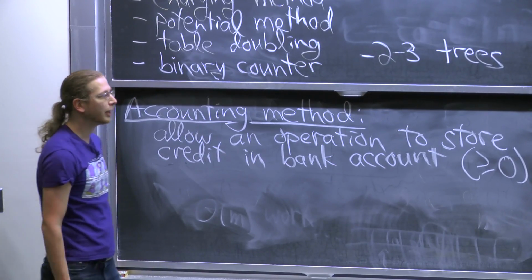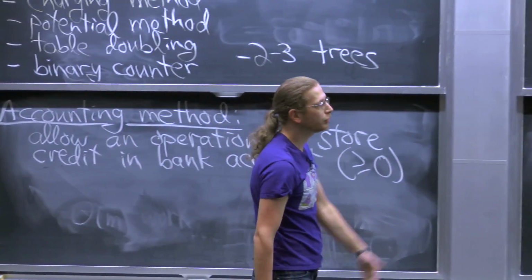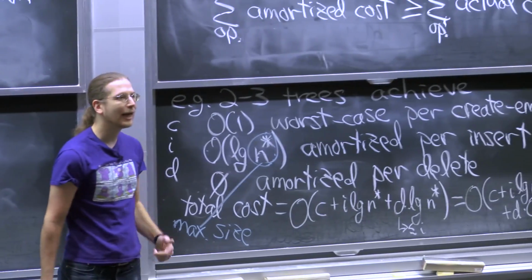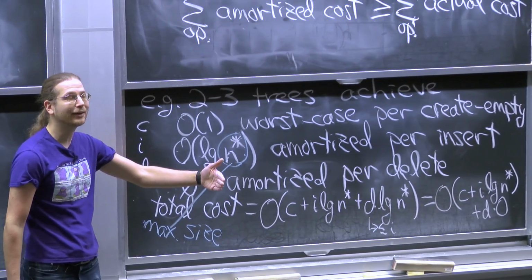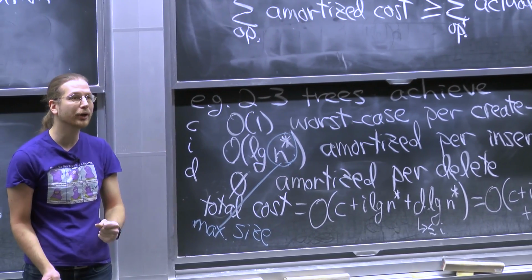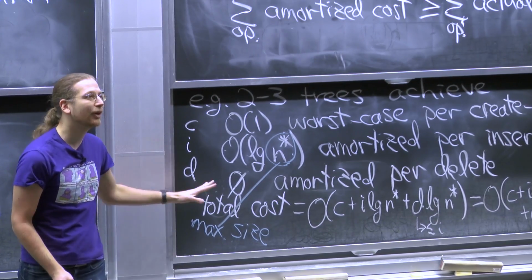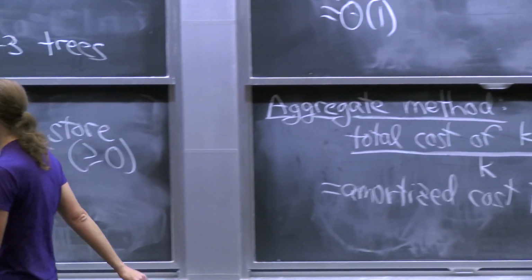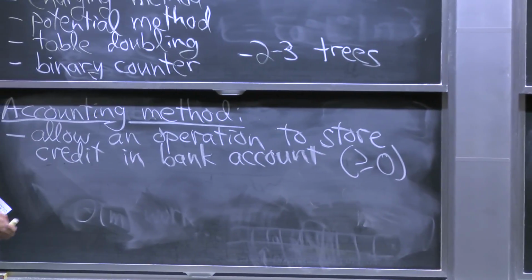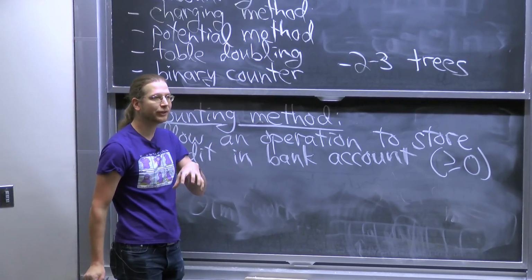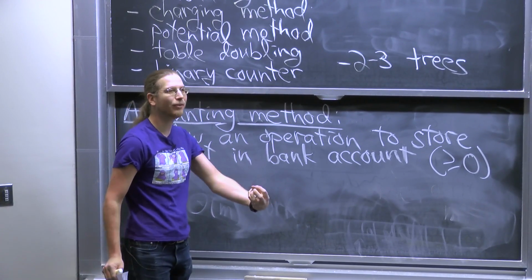So whenever I do a deletion, I spend actual time, log n time. But if I had log n dollars in the bank and I could pull those out of the bank, I can use those dollars to pay for the work. And then the deletion itself becomes free in an amortized sense. And when I do an insertion, I'm going to physically put some coins into the bank.